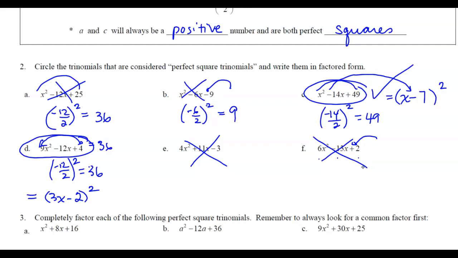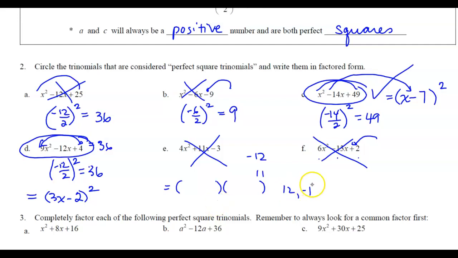So this, let's see, could we find two numbers that multiply to negative 12 and add to 11? What do you think? How about 12 and negative 1? So this can be factored, but not to a perfect square trinomial, right?